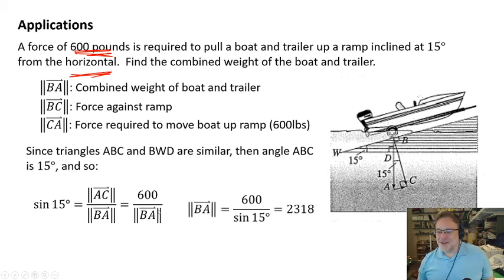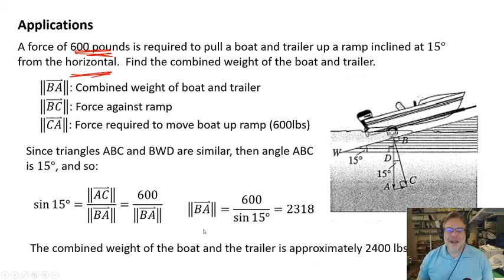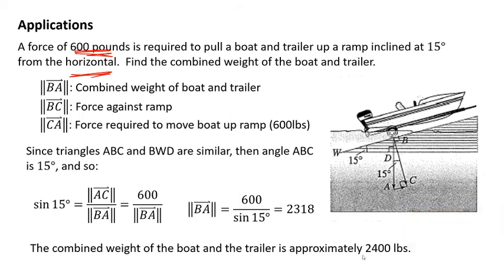So we can solve for the force of gravity, which is BA: 600 divided by the sine of 15 degrees, which is 2,300 pounds. So the combined weight of the boat and the trailer is approximately 2,400 pounds there.